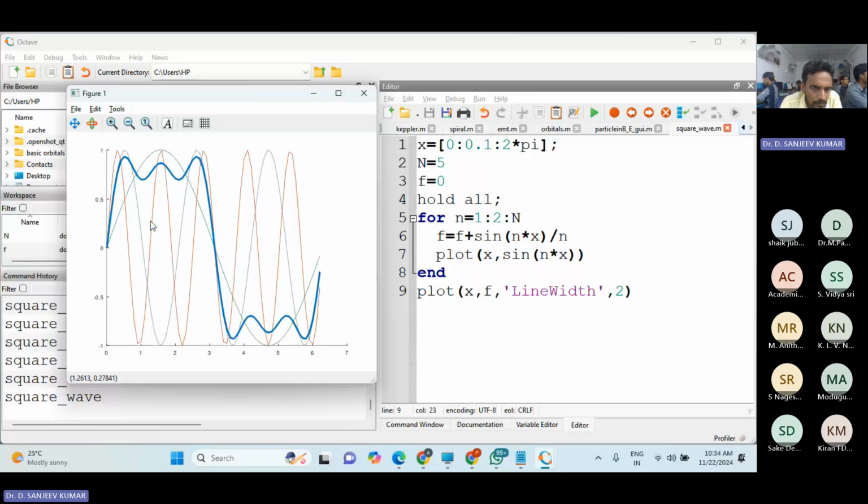The second wave has double the frequency, that could be the blue one. So by joining 3 sine waves, we have got a square wave like this.